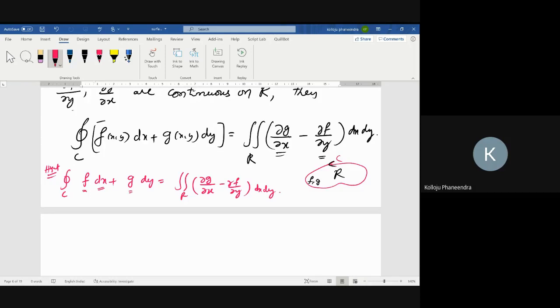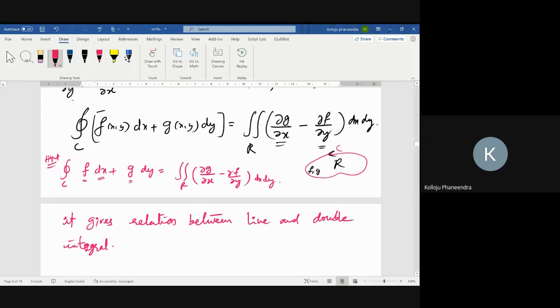And what does it give? It gives a relation between line and double integral. And what is the use of this Green's theorem? In the classroom we did one problem: evaluate the line integral over the triangle.